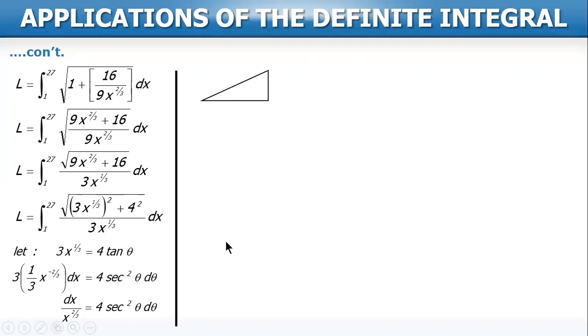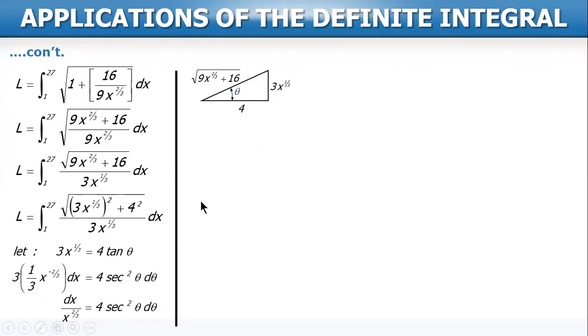Okay. So, let's construct a triangle based on it. Tangent theta is 3x raised to 1/3 divided by 4. So that's opposite over adjacent. And the hypotenuse is the square root of 9x raised to 2/3 plus 4 squared, or 16.